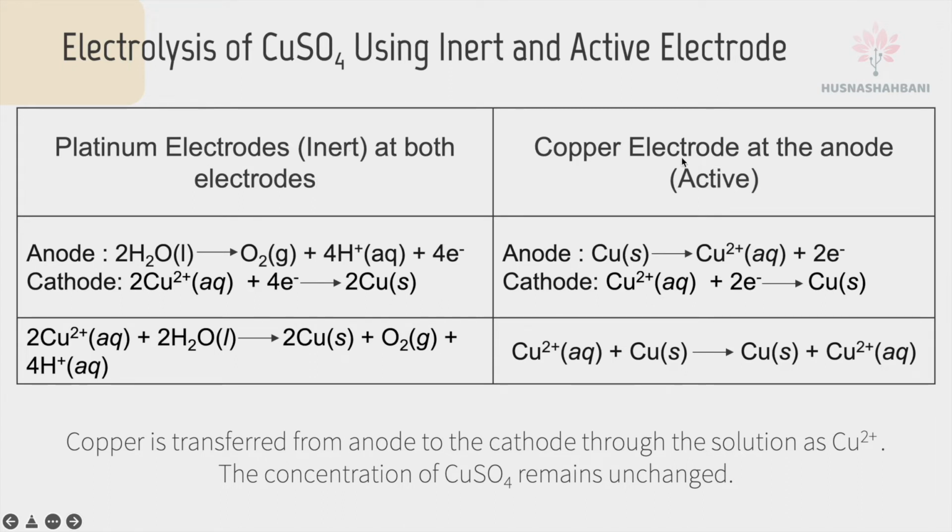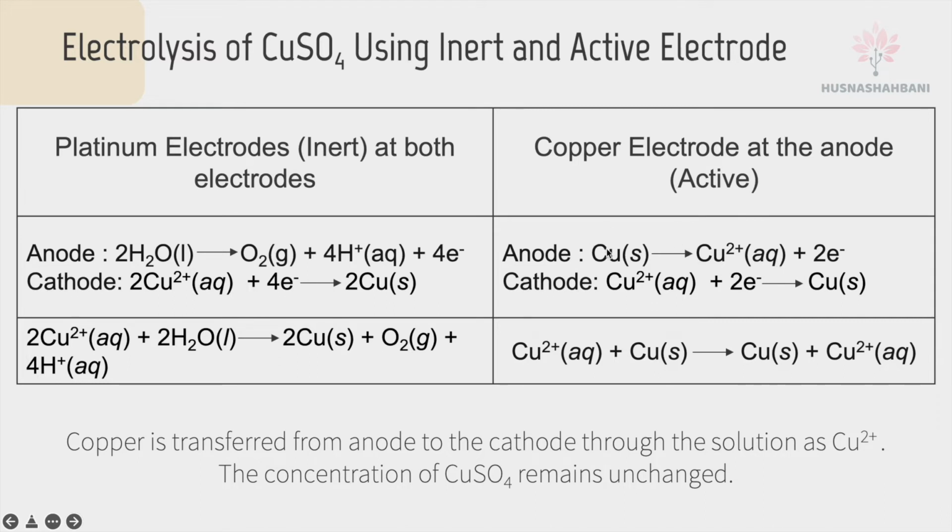But if you have one active electrode, for example, you use a copper electrode because our electrolyte is copper sulfate. You use the electrode which is the same as the electrolyte. Here copper sulfate, and the electrode you use is copper, same. So same active electrode as the electrolyte.